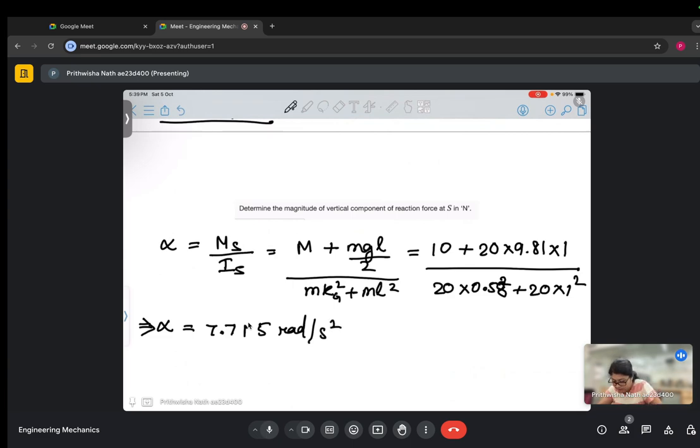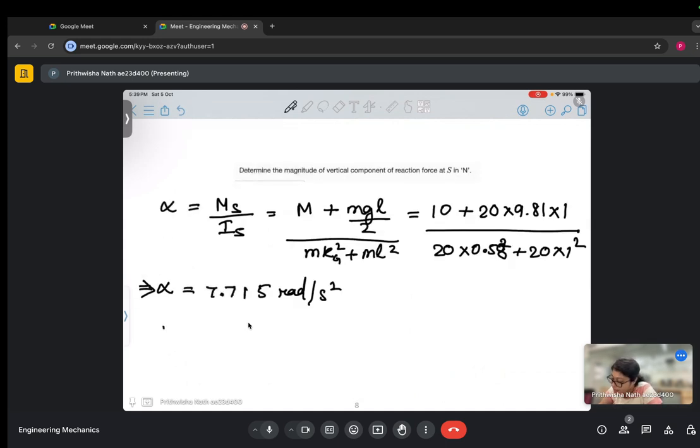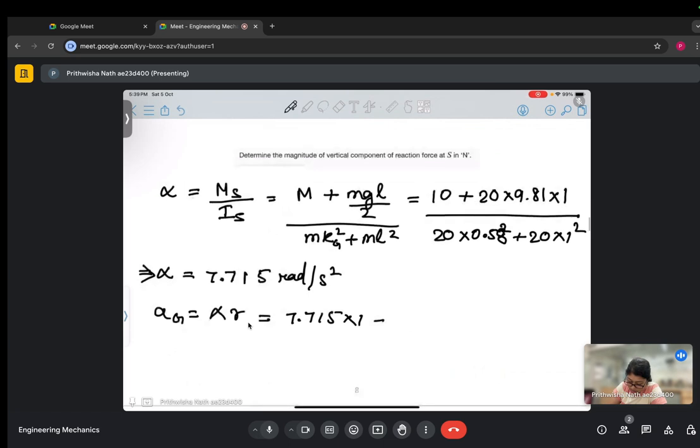Now from this I can very well find out Ag, right? Ag is nothing but alpha into r. Alpha I already calculated as 7.715 and r is nothing but 1. So this is 7.715 meter per second square.